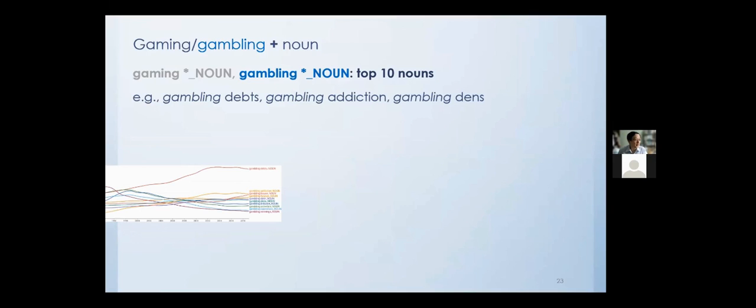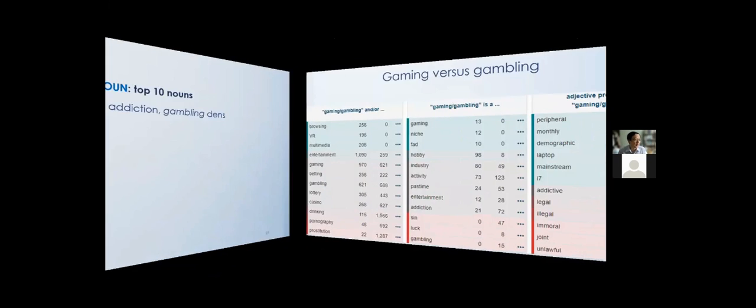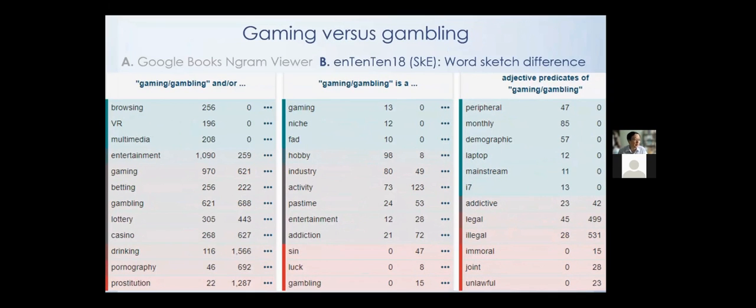So it seems that gambling goes with words with negative connotations. Then we can just use the second resource, the Sketch Engine, to contrast two words.